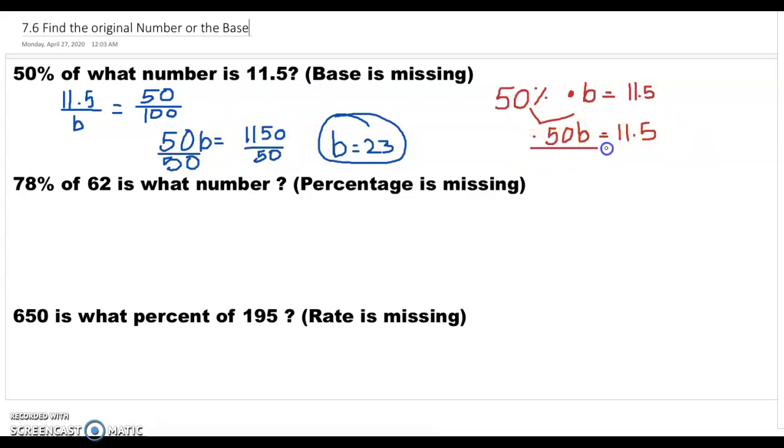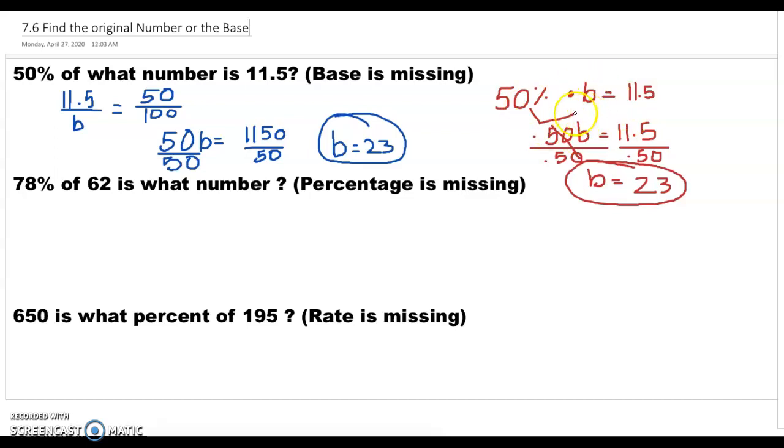So you have 0.50 over 0.50, and on the other side you divide 11.5 by 0.50, and you will then get 23.